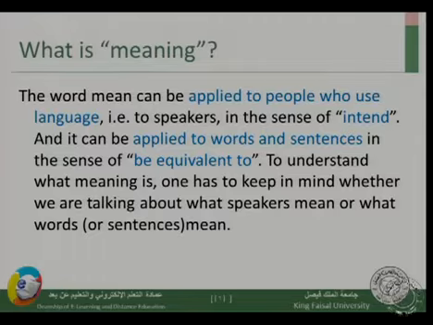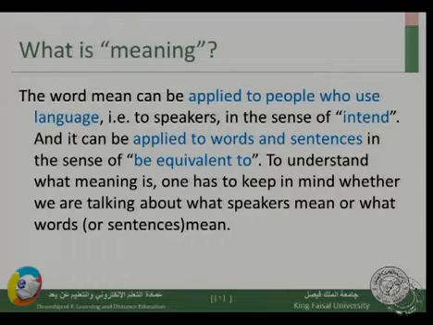The word mean can be applied to the people who use the language. So when you say a speaker means something, the word mean here is used in the sense of intent. So if I'm talking to someone and I ask him, what do you mean? This word here, mean, is used to refer to intention.